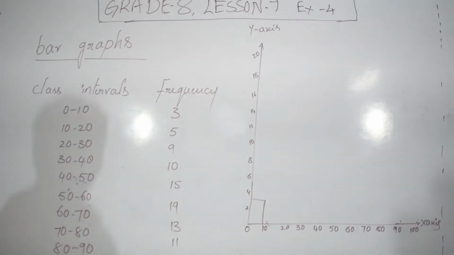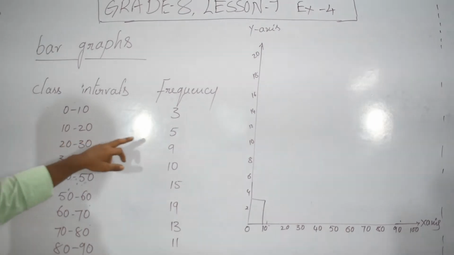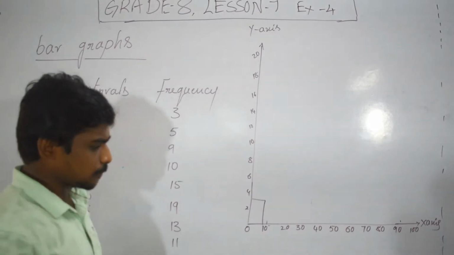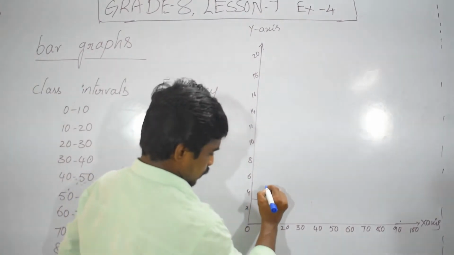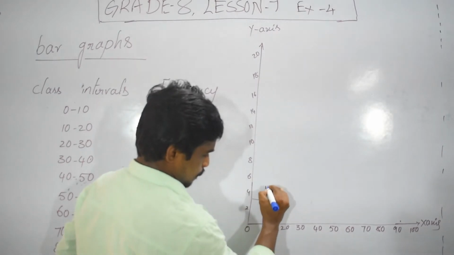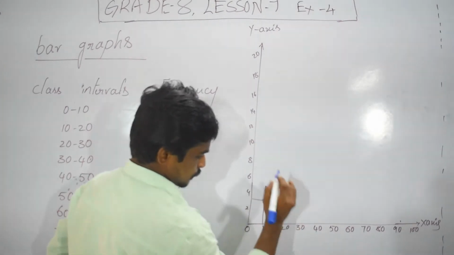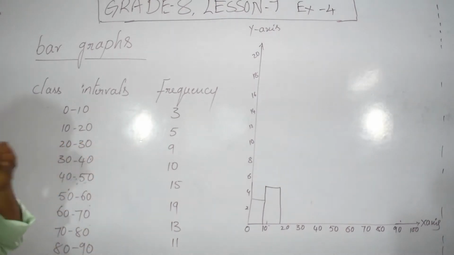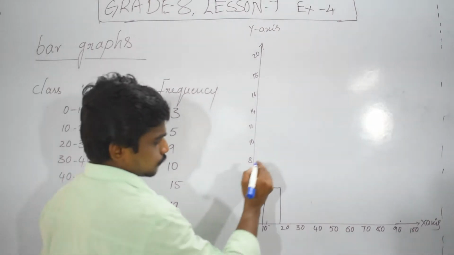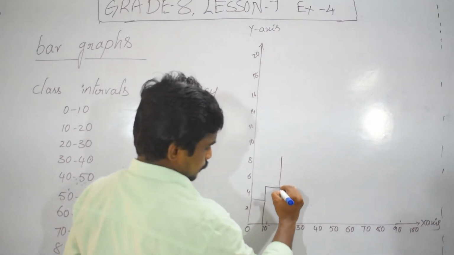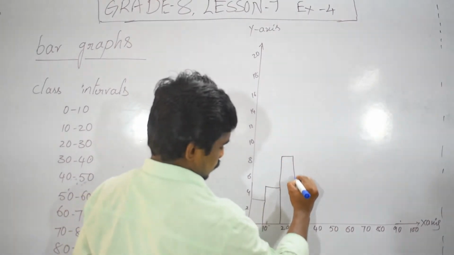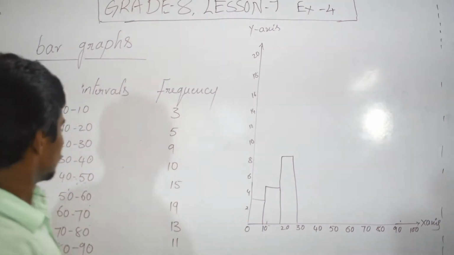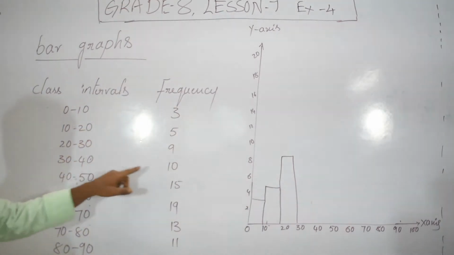Next, 10 to 20, how many students? 5. Next, 20 to 30, 9. Next, 30 to 40, 10.